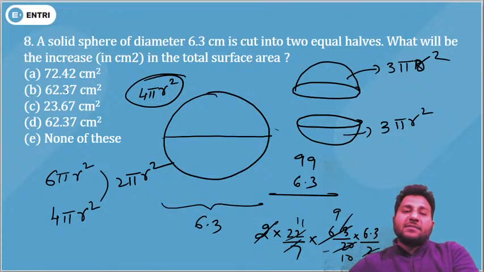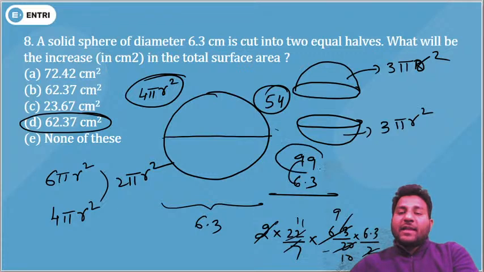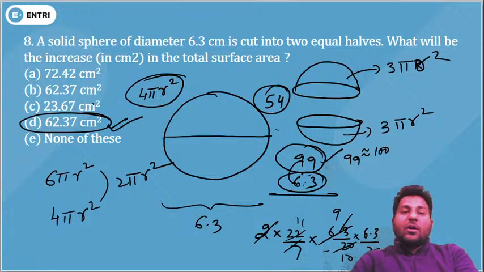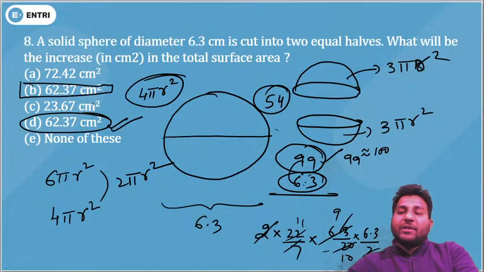The answer is D. It is not 9, it is 9.9. So it is 6.3 and 99. 99 is approximately 100, so your answer will be around 6.3, which means option D will be the correct one. Both the options are similar, so you don't need to worry about it.